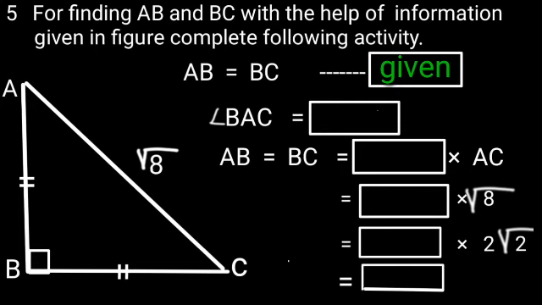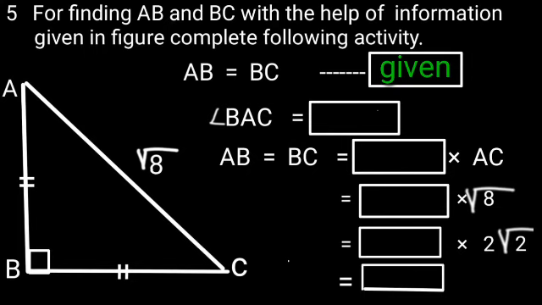Angle BAC is equal to, we have to find angle BAC. If two sides are equal, then the opposite angles are equal. Measurement of angle A, measurement of angle B, measurement of angle C is equal to 180.